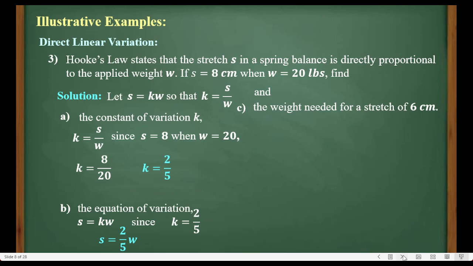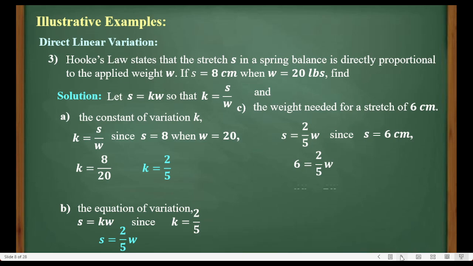And for letter C, the required weight for a stretch of 6 centimeters. So using the equation of variation, the weight is unknown, meaning S is to be replaced by its final value, which is 6. From this equation, it becomes 6 is equal to 2/5 W. So you do the cross multiplication.